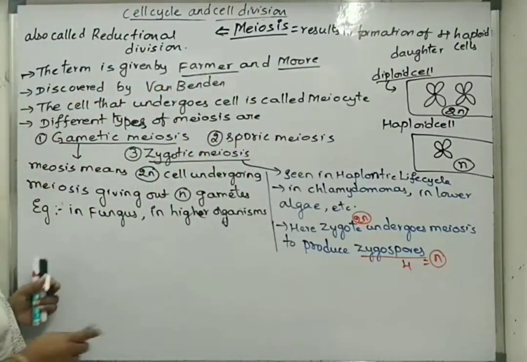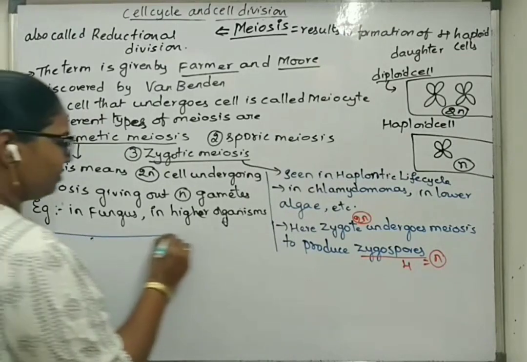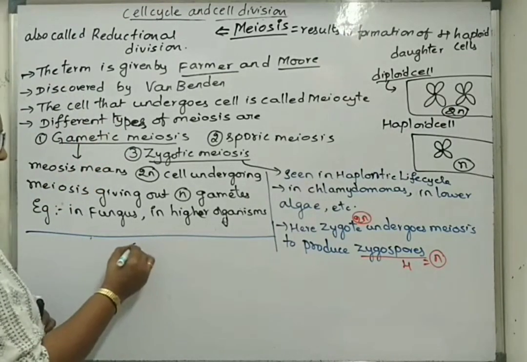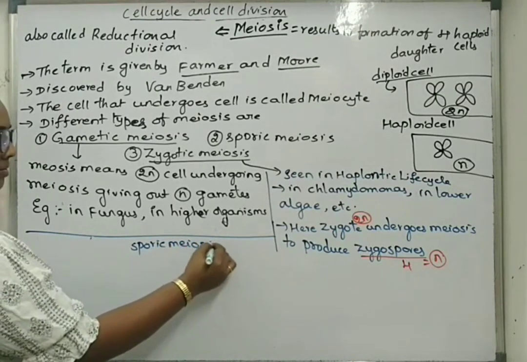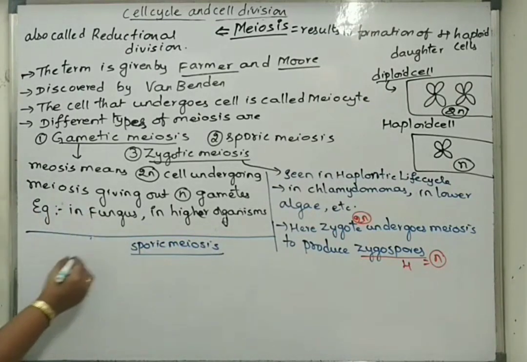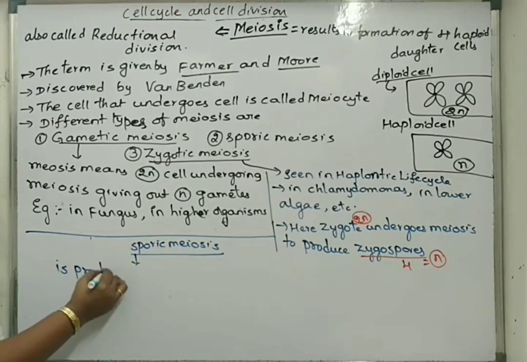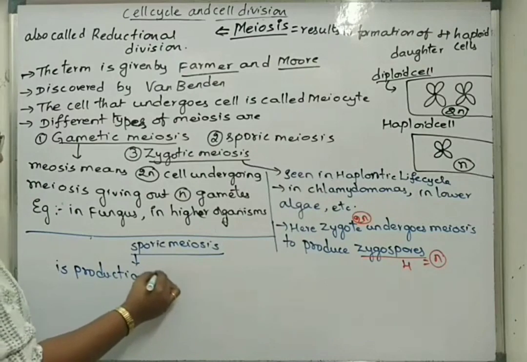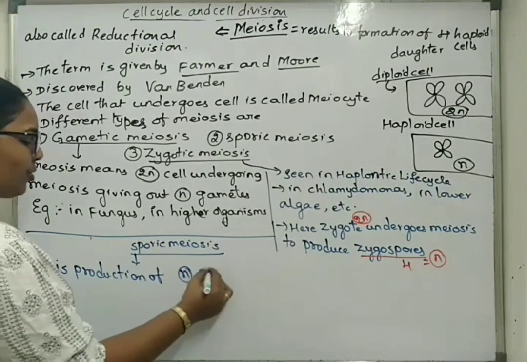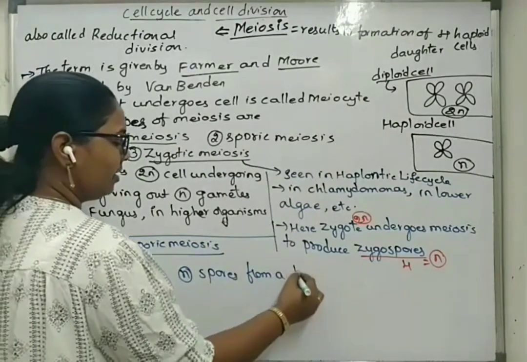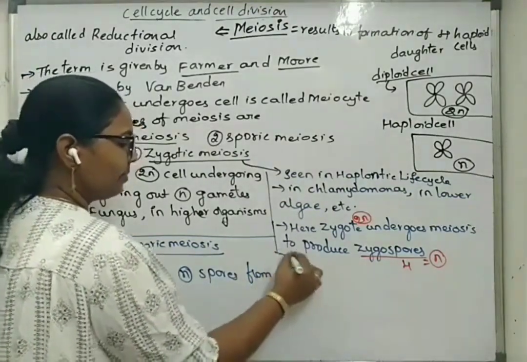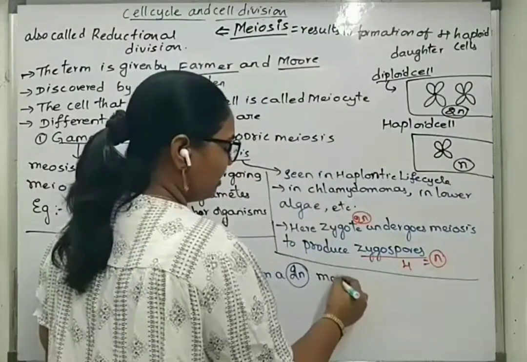Next, sporic meiosis. Sporic meiosis is production of haploid spores from a diploid mother cell.